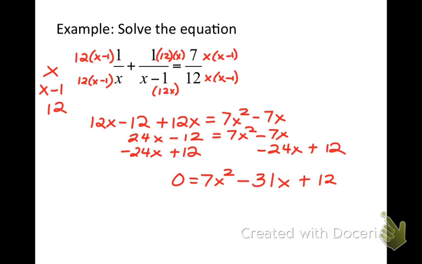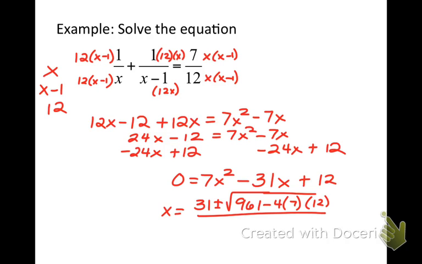So go ahead and start plugging that into your quadratic formula. So x is equal to negative of my b plus or minus the square root of, say it again? 961. Thank you. Minus 4 times my a, which is 7, times my c, which is 12, all over 2 times my a, which is 14.